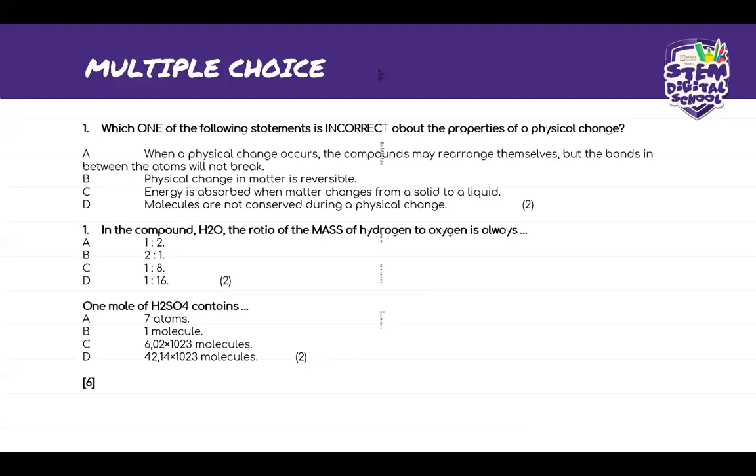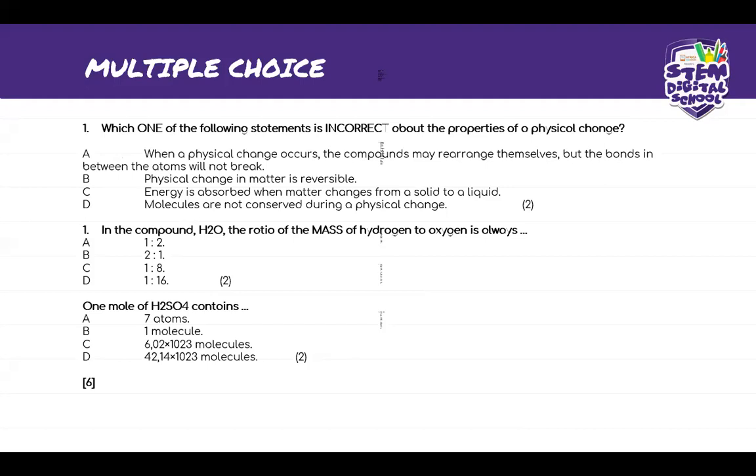Is it A, when a physical change occurs, the compounds may rearrange themselves, but the bonds between the atoms will not break? B, physical change in matter is reversible. C, energy is absorbed when matter changes from a solid to a liquid.